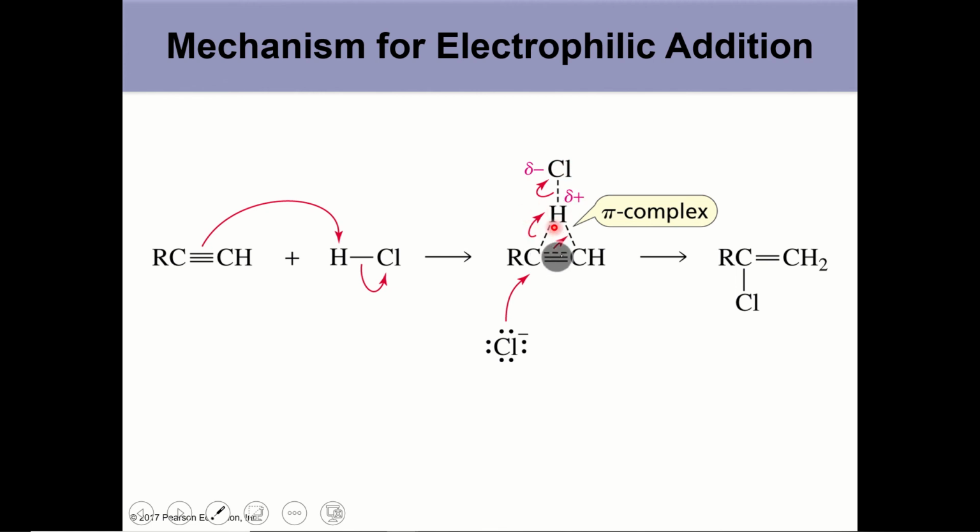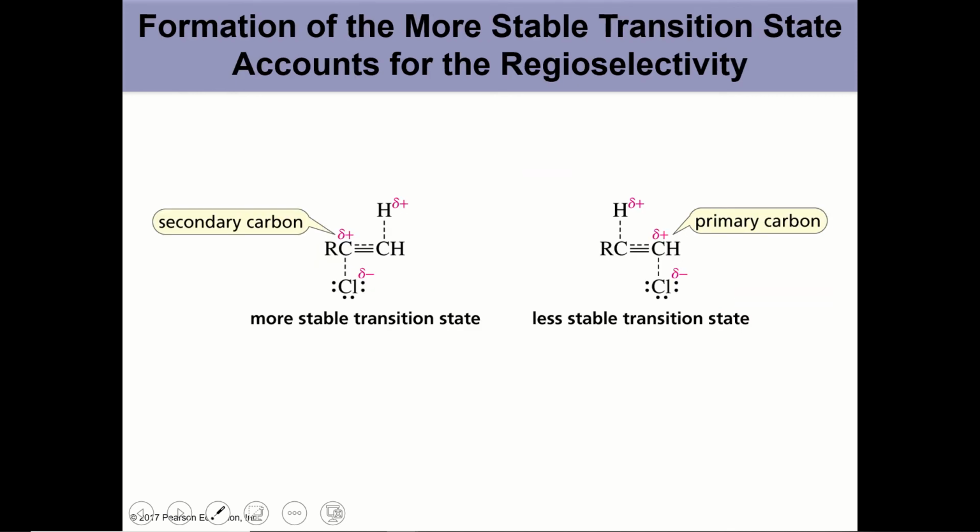So this is a partial bond and a partial bond. It's a very strange looking mechanism, but go ahead and make sure to put this in your functional group notebook. The final product for the addition of this one equivalent gives us our haloalkene with chlorine on the more substituted carbon. Okay?